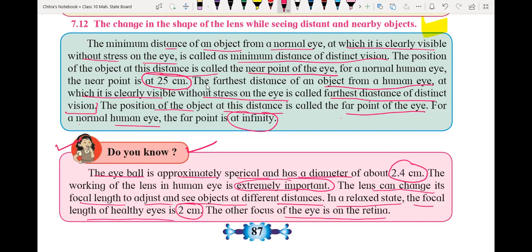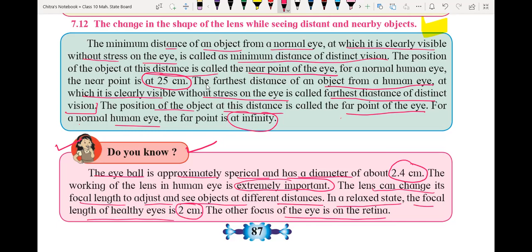At that particular state, our eye sees any object without stress, but the ciliary muscles dilate and contract the lens in order to focus the image of an object from some distance on the retina, by which we can see the object clearly.